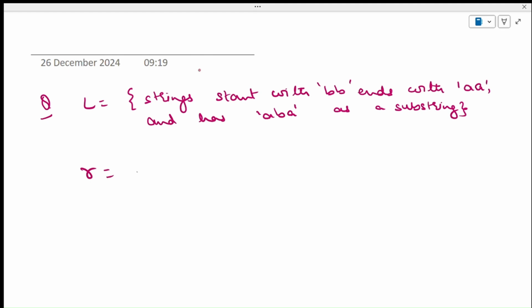We will have double b followed by any combination of a and b. And it must have aba as a substring. This substring can be followed by any combination of a and b, including a null string. And one more restriction is that it should always end with a double a. The string should always end with a double a.